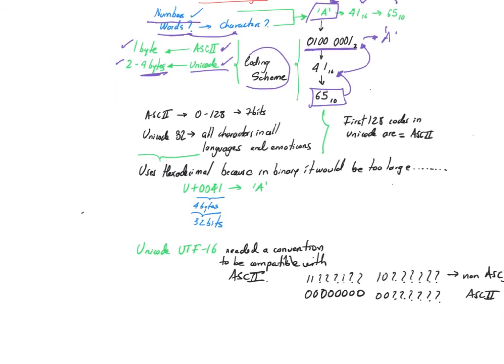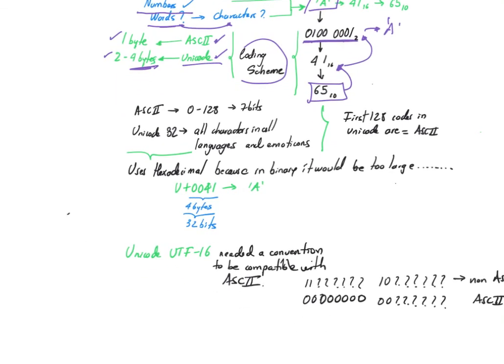So with that idea in mind, they created first the ASCII code with 7 bits, so they had 128 different characters, right? But that's not enough for nowadays and for the languages that we have nowadays. So the next thing they did was to use more bits, right?